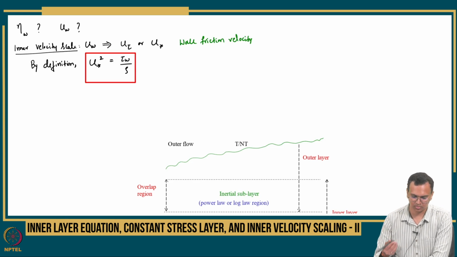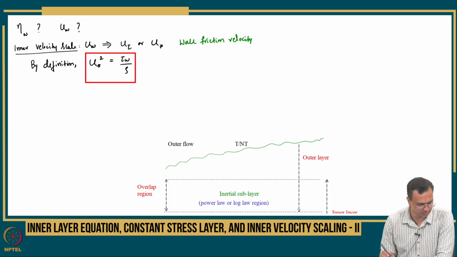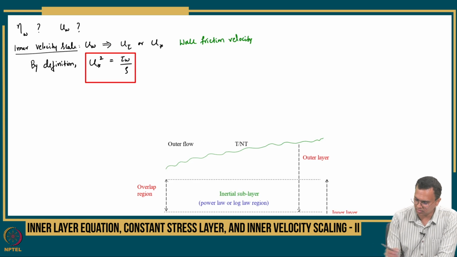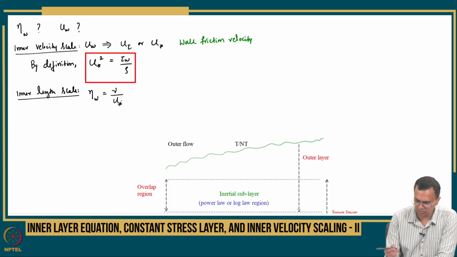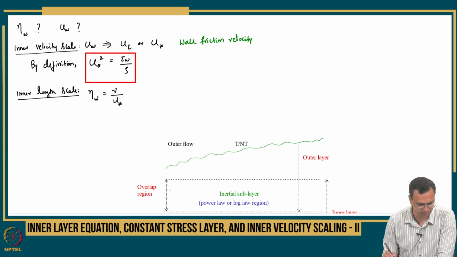Okay, so inner velocity scale is revealed, and that means now I have inner length scale also is straightforward to see. An inner length scale. Okay, so this inner length scale is eta w, right? So this eta w, I already said this is nothing but your nu by the u star here, u tau or u star.